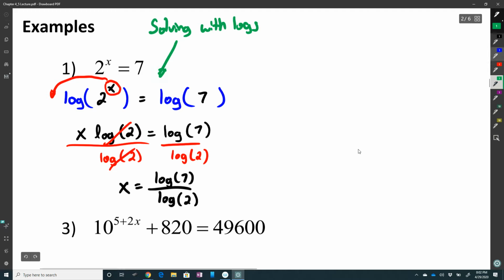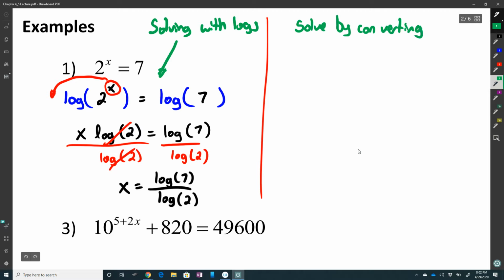We can also solve it by converting. So if we want to solve by converting, 2 to the x equals 7. I want to convert this into a log. So I know my base is 2, so this is going to be log base 2.